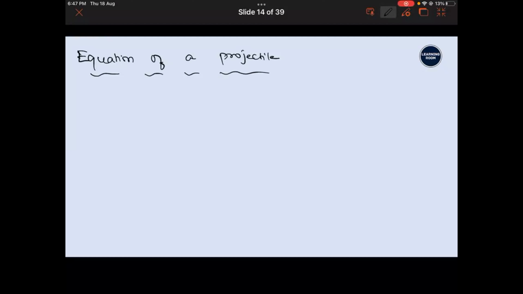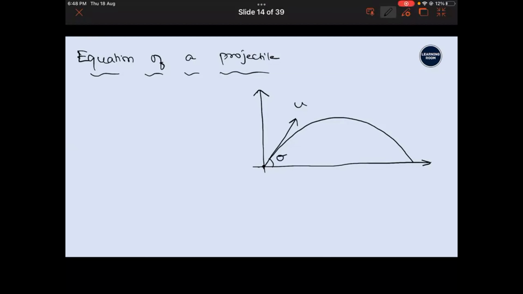So you saw that the projectile travels in which path? In a parabolic path, right? So we are going to write the mathematical equation for the parabolic path, for which I'm going to start with the same u, and this is going to be theta. Okay, if I take a point P here, which is x comma y, this is x and this is y.